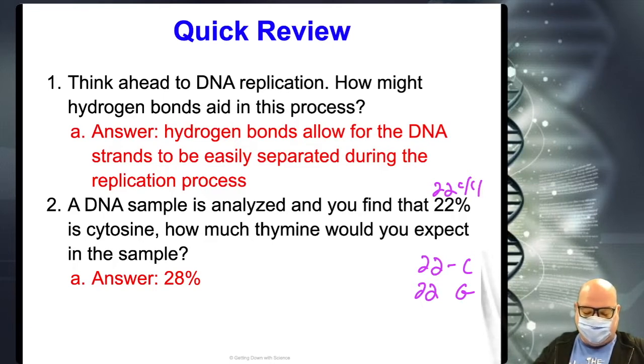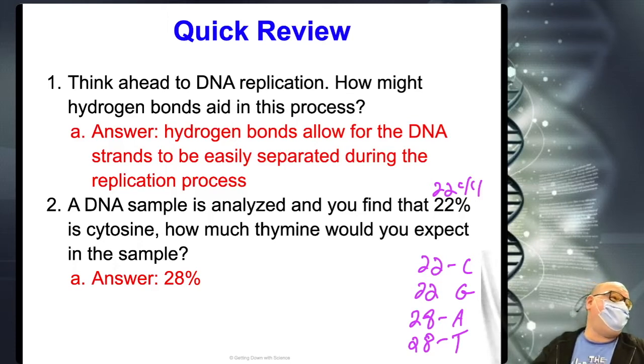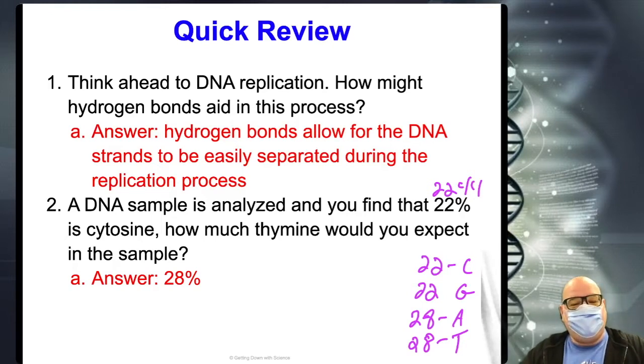Okay, what's half of 56? So it's 28, and 28 is A's and T's. Okay, so all those numbers together should give you 100. All right, this is really cheesy, easy math. Okay, all right. If you're not sure on that, talk to me.